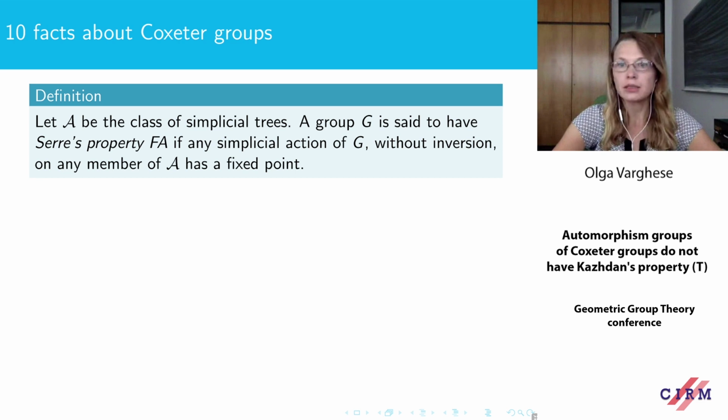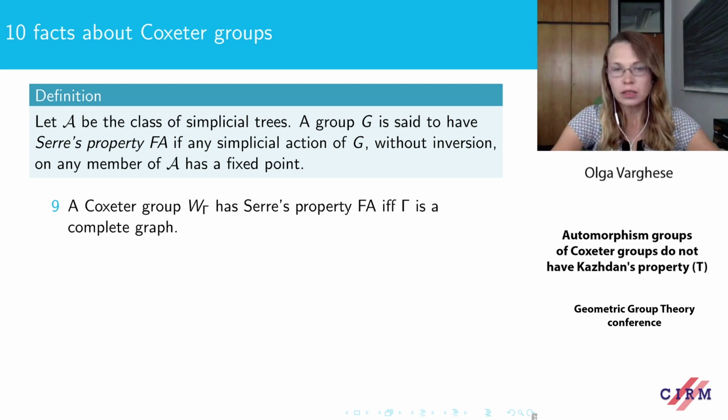A group G is said to have Serre's property FA if any simplicial action of G without inversion on any member of A has a fixed point. It follows from Serre's results that a Coxeter group W gamma has Serre's property FA if and only if gamma is a complete graph, so no edge in the defining graph is missing.